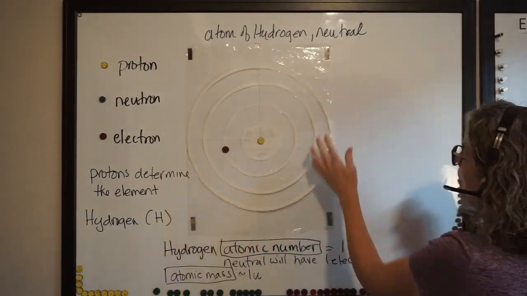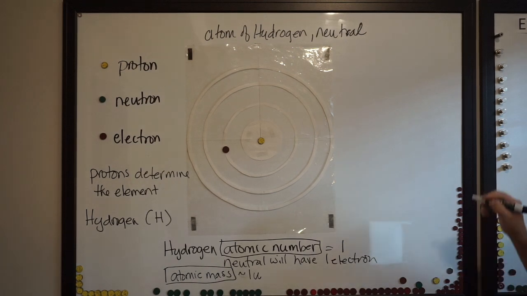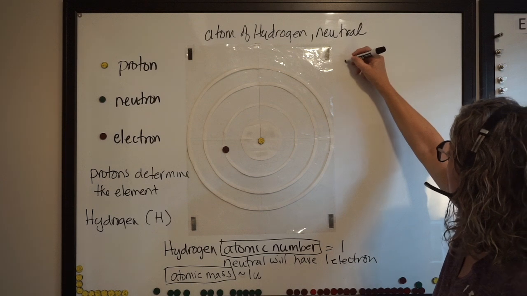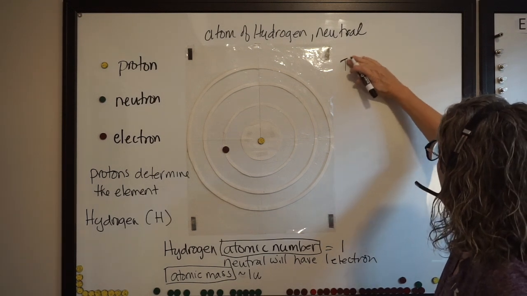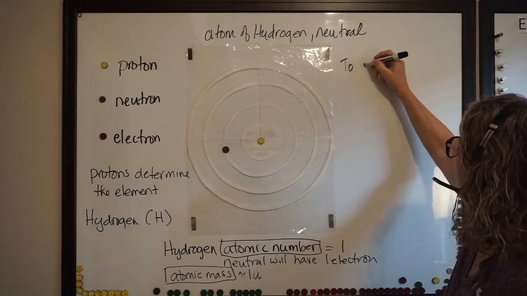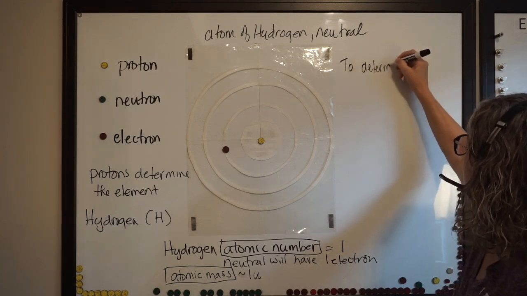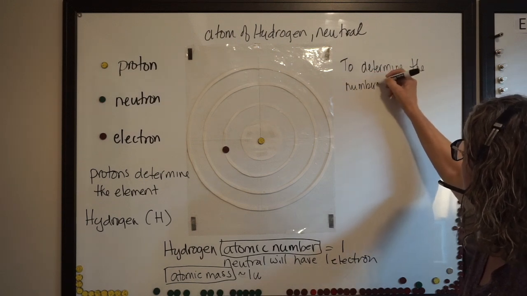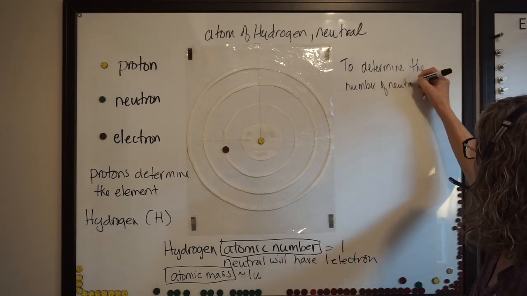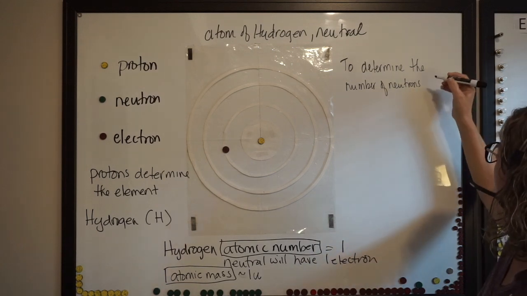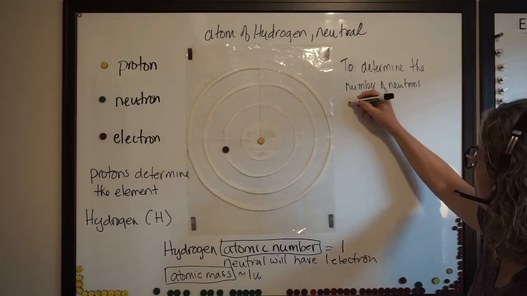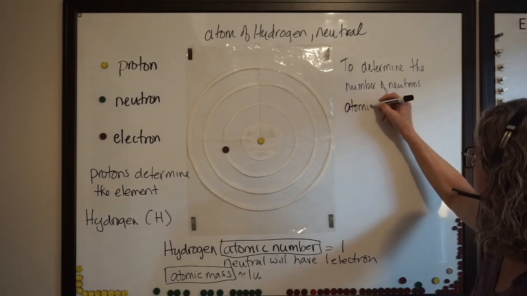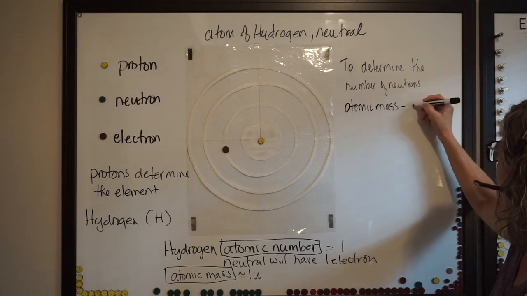And again, this may be review from some previous grades. If not, it's a good refresher. So to determine the number of neutrons, we take the atomic mass and we subtract the atomic number.